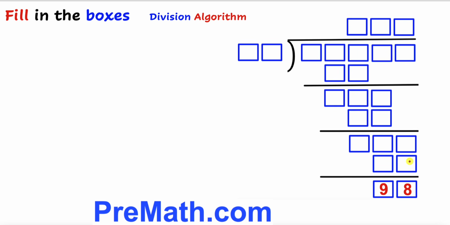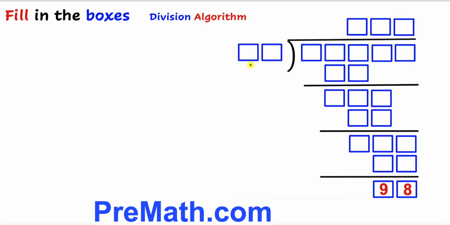Let's go ahead and get started. And here's our very first step. The only info that has been given to us is that our remainder is 98. And we can see this is a 2-digit number. And now we are going to focus on our divisor, which is a 2-digit number as well. And we know this divisor is supposed to be larger than this remainder.